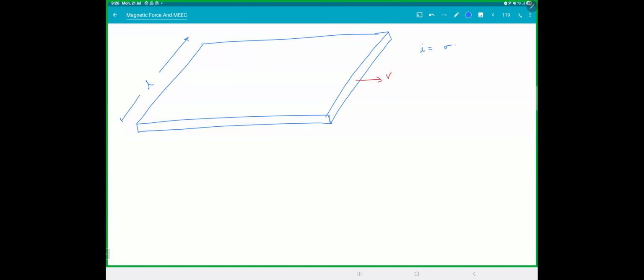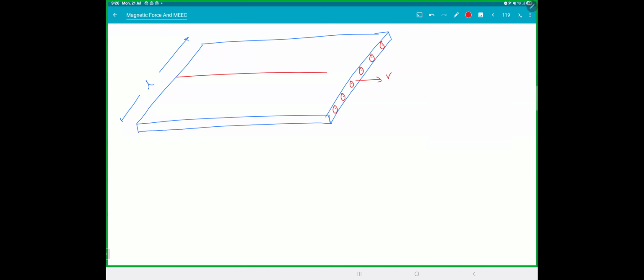So current will be sigma into area of this cross section, area that will be charged by time. Let me show it like this. So this is like a current which is coming out. That is what it feels when the charge is moving.